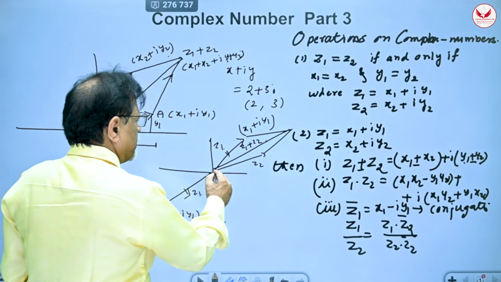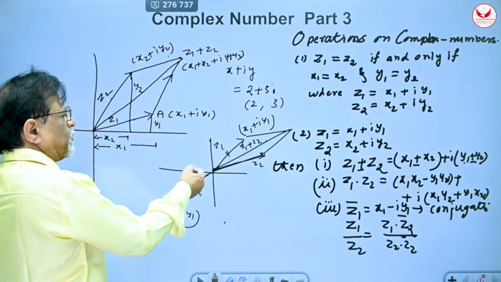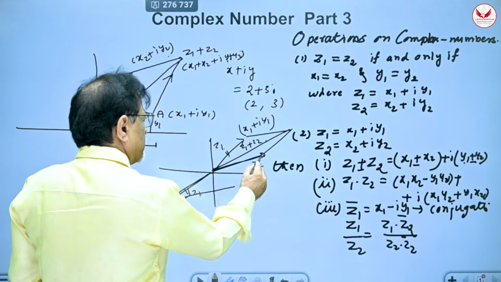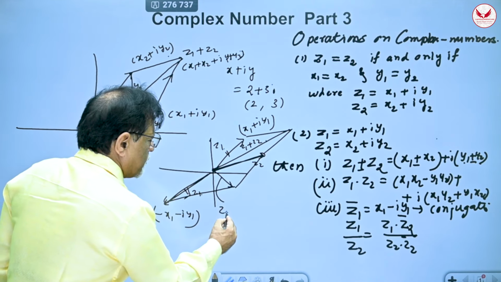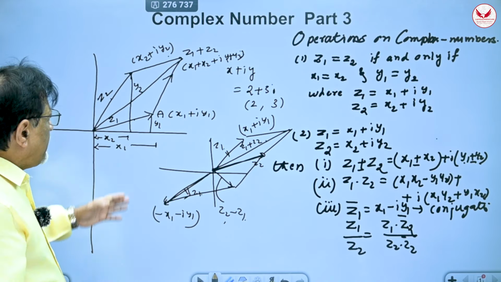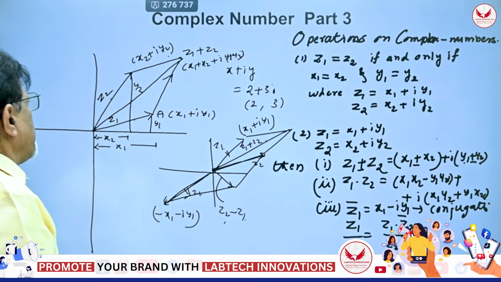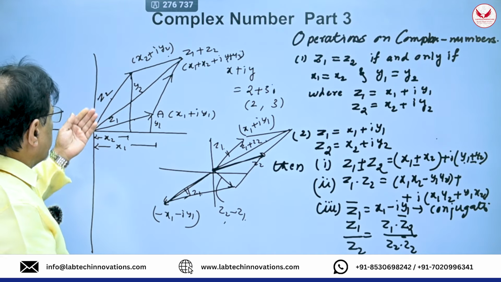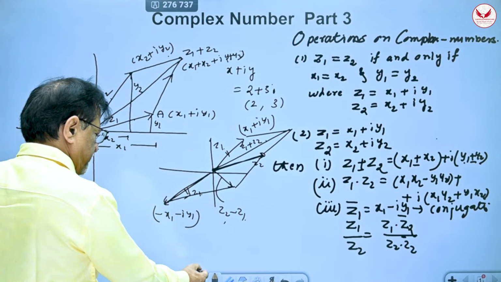So this vector is z2, this vector is minus z1, and I want to add these two vectors. So I will have to complete this parallelogram like this, and then I will take this resultant. This will give me z2 minus z1, correct? So addition and subtraction are done by using geometrical diagrams of the law of parallelogram. This is how addition and subtraction can be expressed, okay?